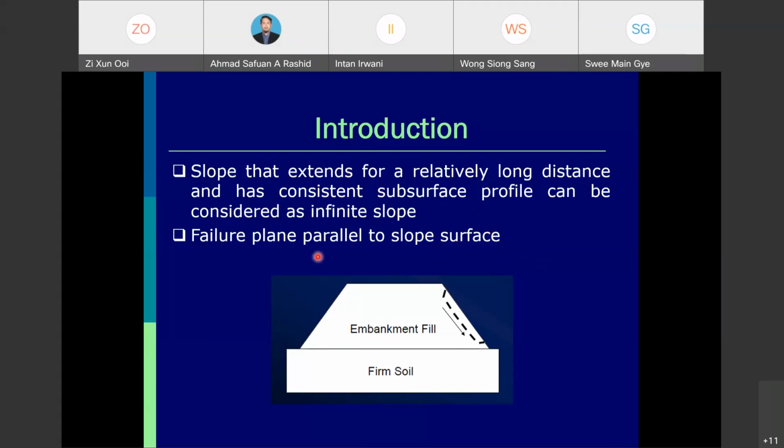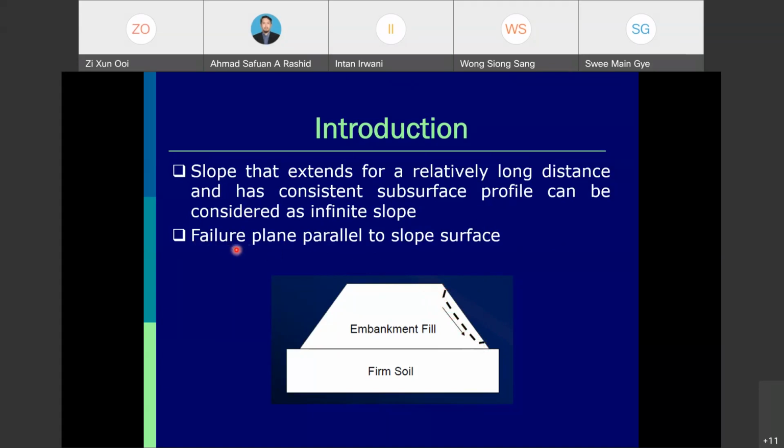On the other hand, there are some reference books that discuss the infinite slope based on the assumption where the failure happens on the slope surface, similar to this kind of sketch.